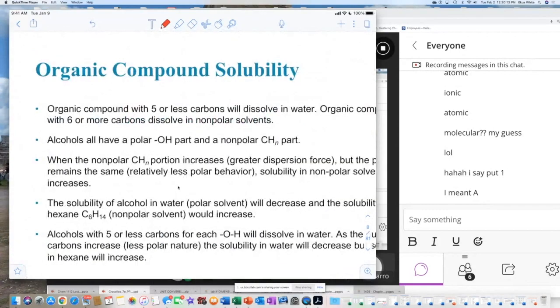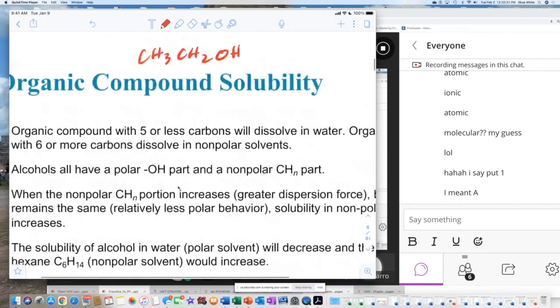Now we're dealing with organic compound solubility. What I explained to you earlier about CH3CH2OH, I used to have a chart in the old book, but they gave us an upgrade, and I don't see the chart here, so it's explained in words. Organic molecules such as alcohol have both polar and nonpolar ends.